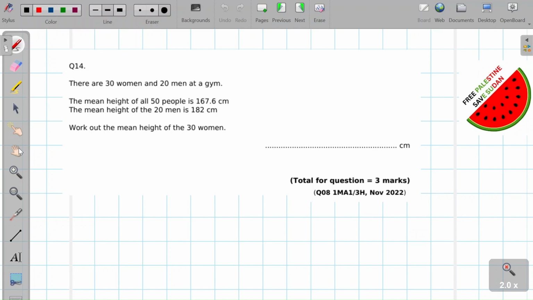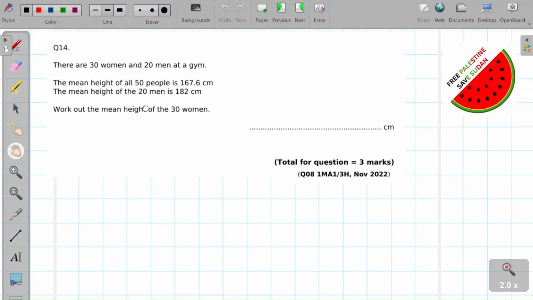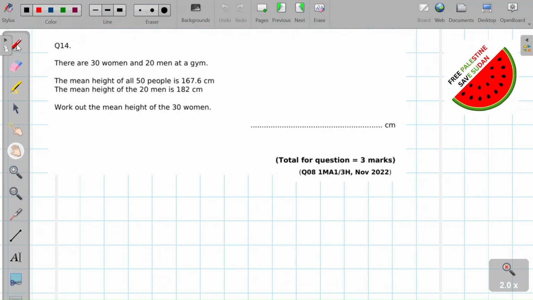I'm just going to reposition here. Okay, there we go. So I've got some more space. So the first thing is I'm going to use the same kind of formula which I did last time around.